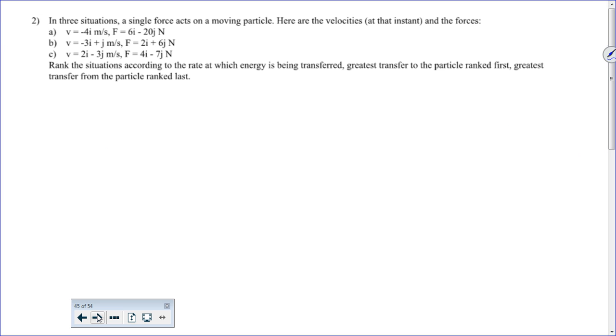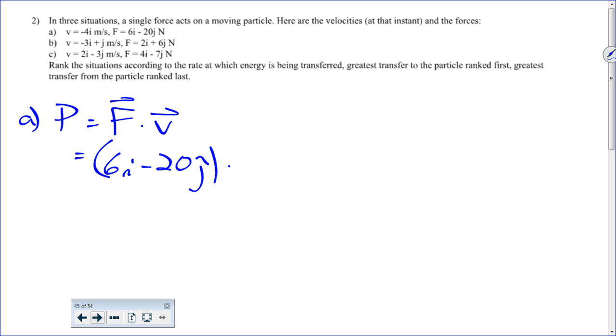On number 2, did everybody understand that you just had to do dot products here? How do you do a dot product when it's written in unit vector notation? Multiply component-wise and then add them. So for A, if you wanted to find your power, it's force dot product velocity: 6i minus 20j dotted with negative 4i.